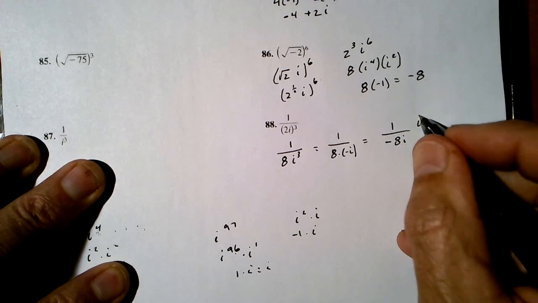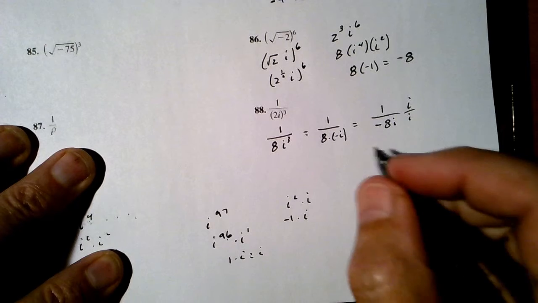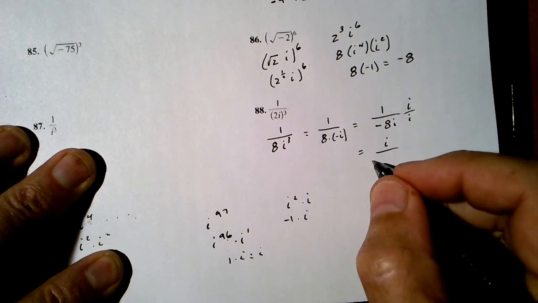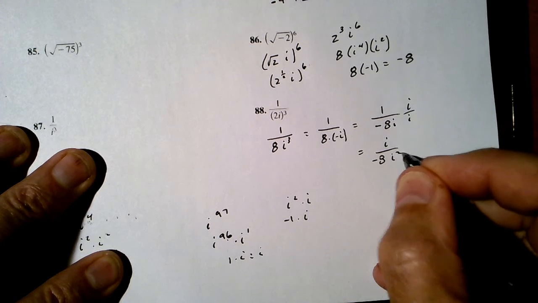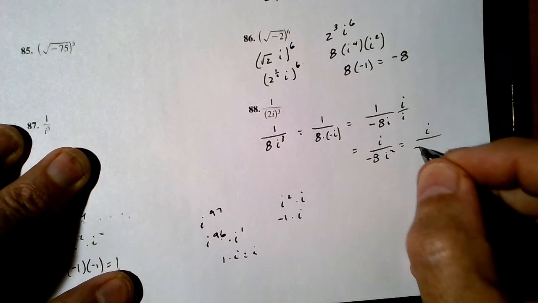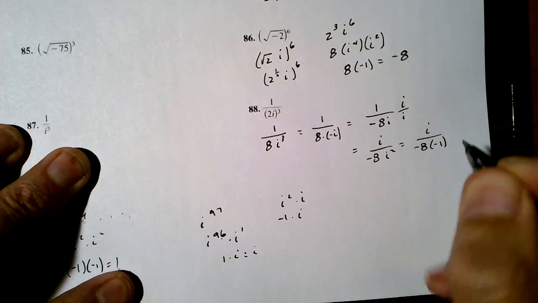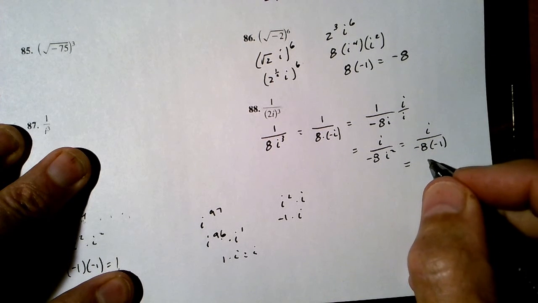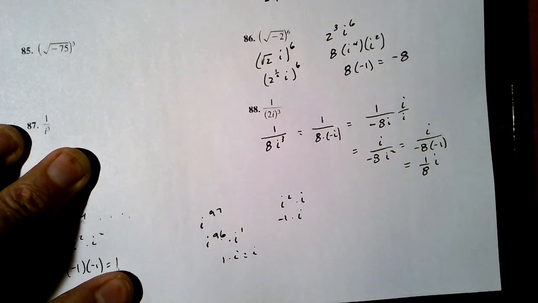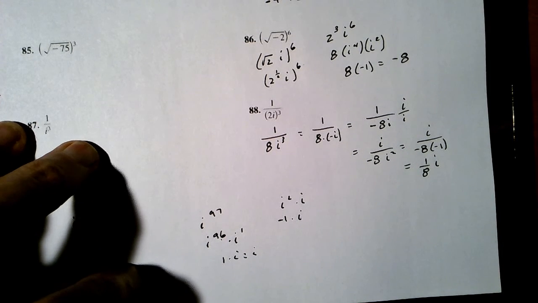And if I multiply top and bottom by i, I get i on -8i squared, or i on -8 times -1, or 1/8 times i, or i on 8 if you prefer.